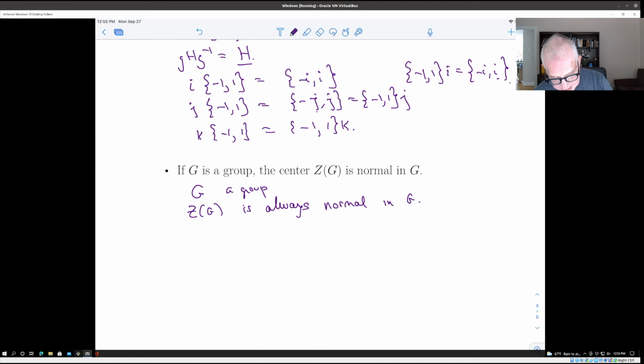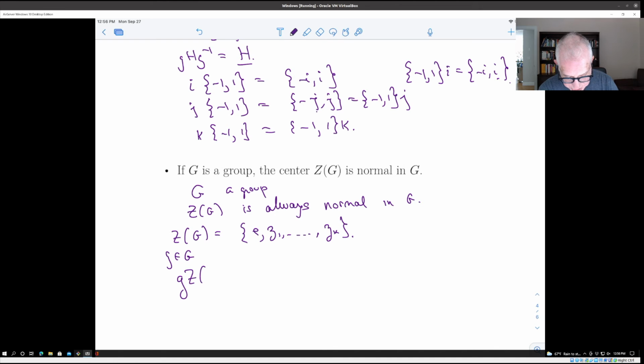The reason for that is, there are various ways to do this, but let's look at the condition. Let's just write out the center. Suppose the center consists of e, z1 out to zk, and let's take a g in G. Then g times that subgroup is the coset which has g, gz1 out to gzk.